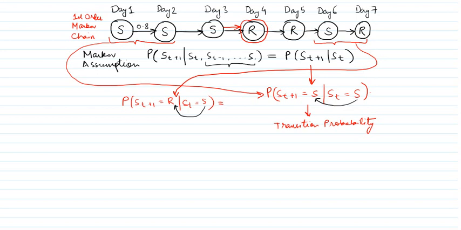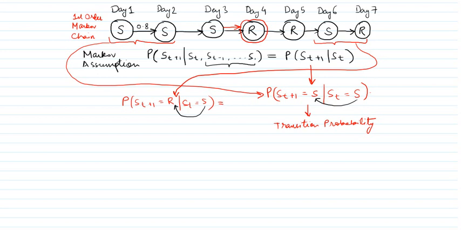Sunny to sunny may be some value, say 0.8. Sunny to rainy may also be some probability value.